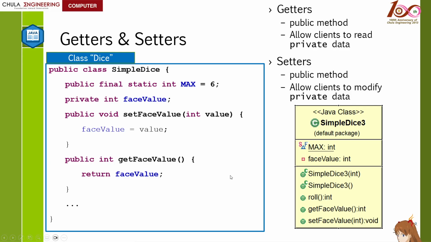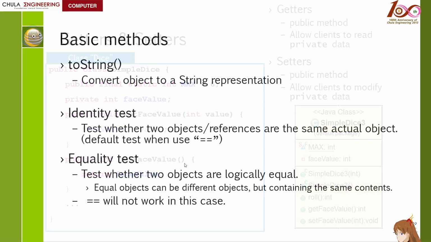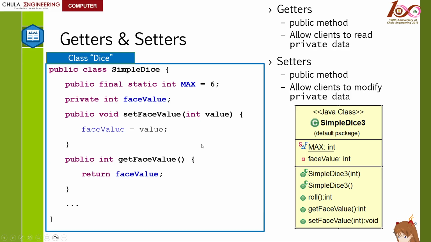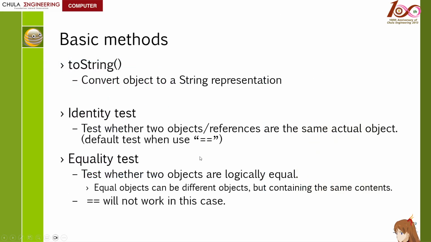Alright, and we've seen the example. This is just a reminder, okay? With dice as an example this time. So we have getters, setters, and we have toString, which you've seen an example of too.